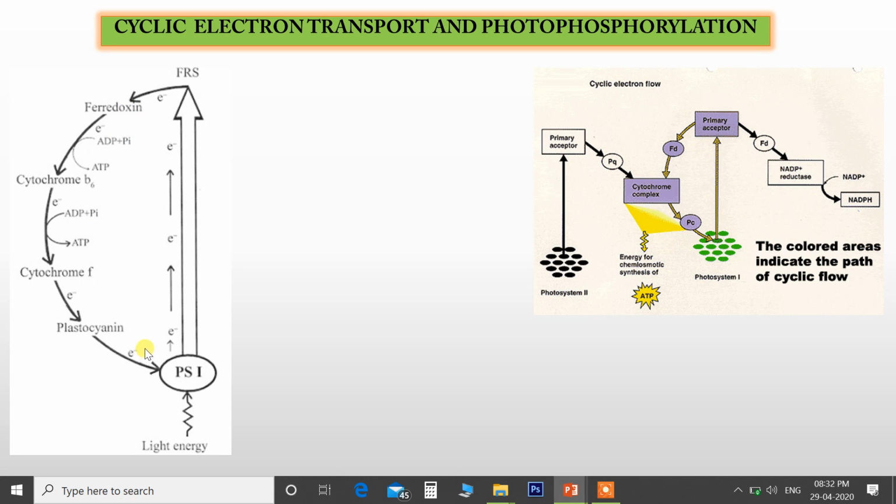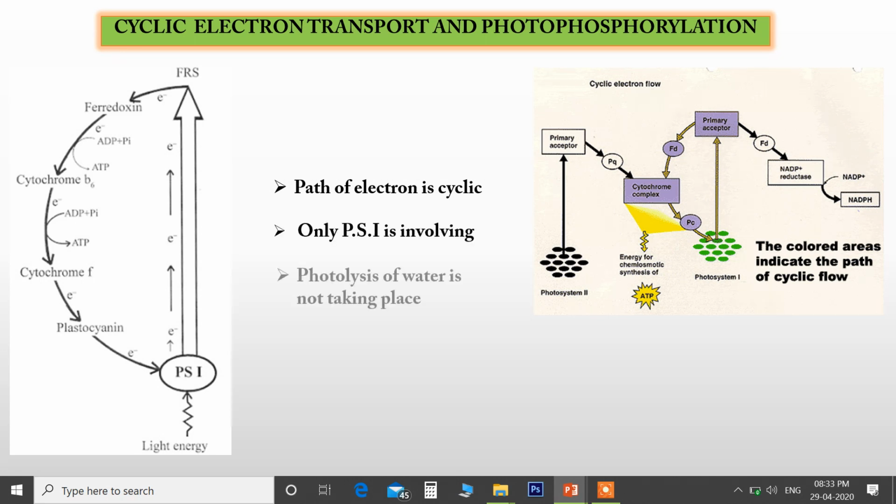This process is so simple compared to non-cyclic. And one more important thing, this cyclic electron transport lacks photolysis of water, thereby no NADPH formation and no oxygen evolution. These are the particular features regarding cyclic electron transport.